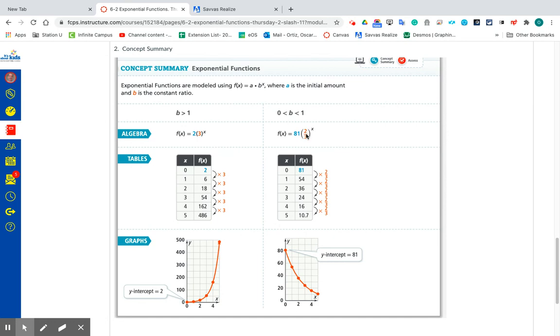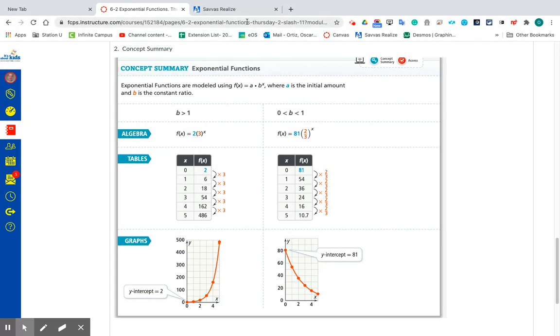Whereas if that number in parentheses, the number that we are raising to the x power, in other words, the b right here, is between 0 and 1, then my numbers will decrease. So they will go down each time. And that forces the graph to go down from left to right.